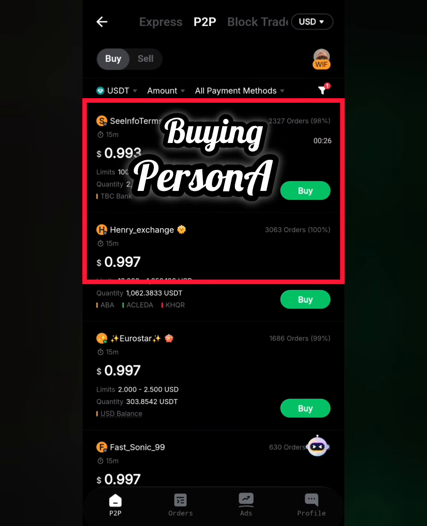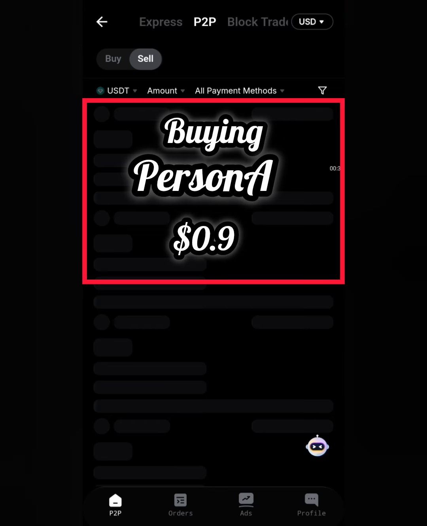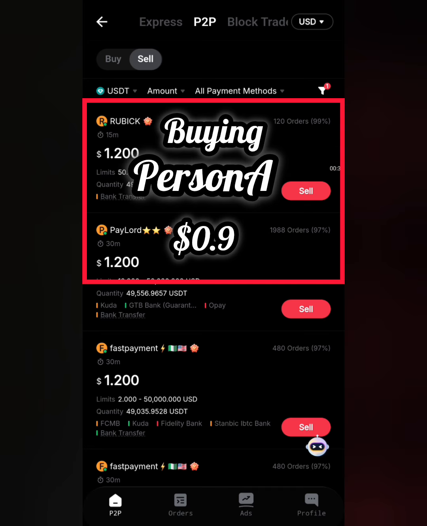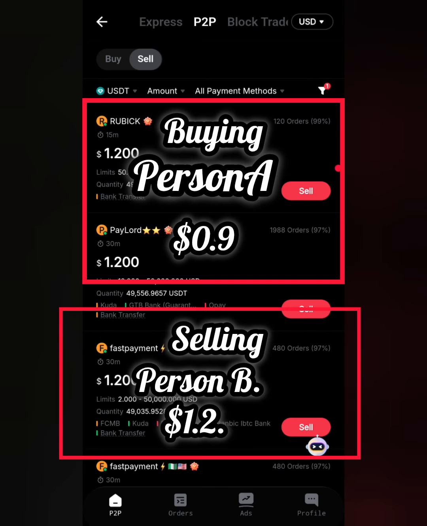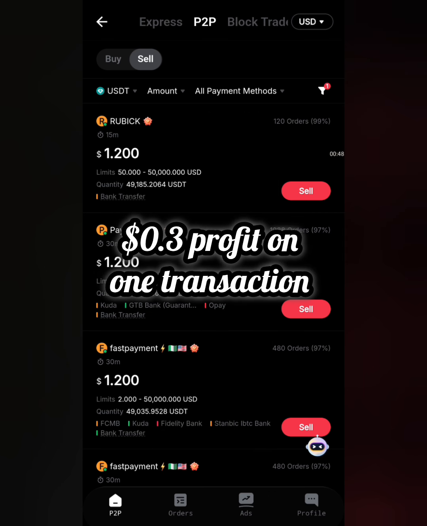So let's say you are buying it at 0.9 from someone at a low price, then you have to look for a person to sell it to at a higher price. Let's say you'll be selling it at the rate of $1.2. In this type of arbitrage, you would have made about 0.3 USDT performing it.